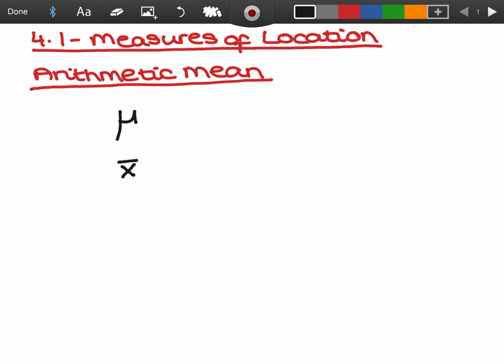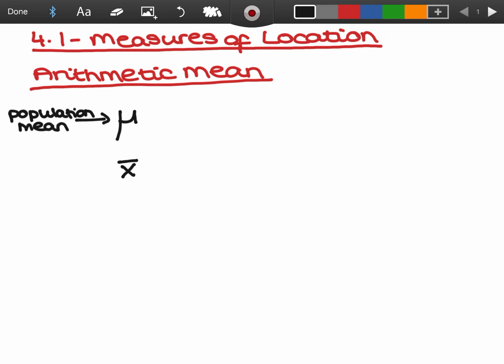The difference between these two is we use mu whenever we are referring to a population mean. Okay, so if you are ever looking at the mean of a population, you're going to use that mu letter to denote that mean, okay?